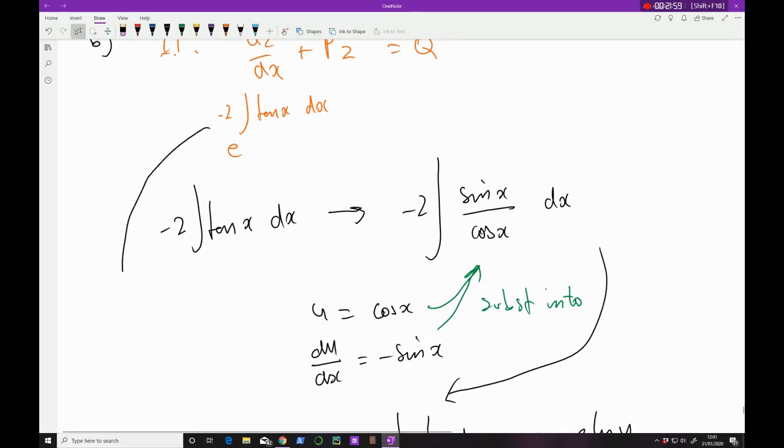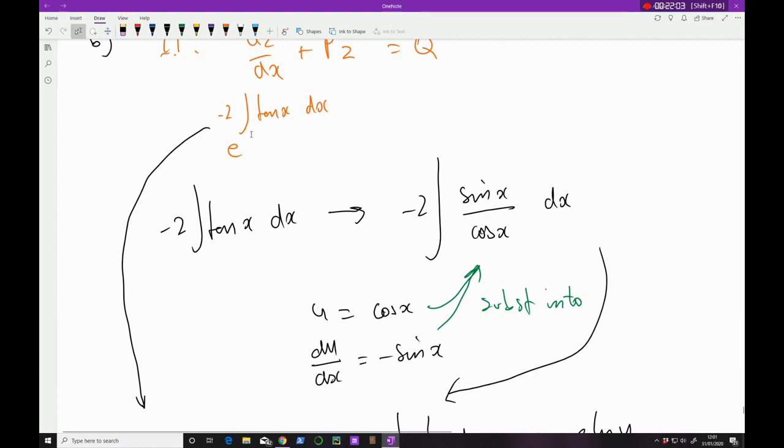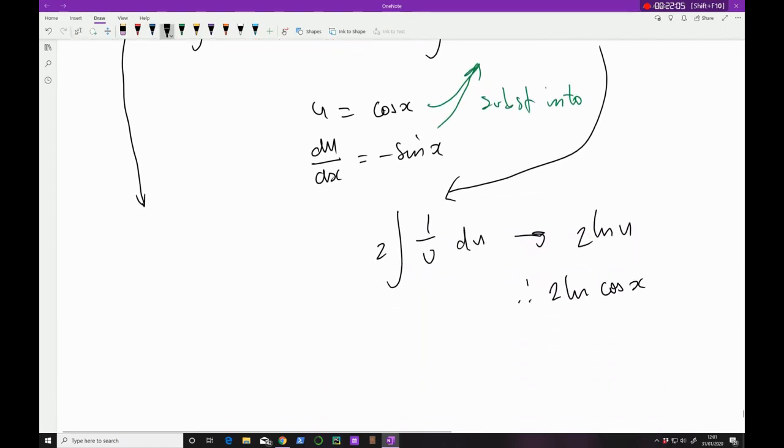So the integrating factor is going to equal e to the power of 2 ln cos x, which if I want to eliminate the exponential and the ln, I just take this 2 up, so I get e to the ln cos squared x, and that simply becomes cos squared x. Okay, so this is my integrating factor.